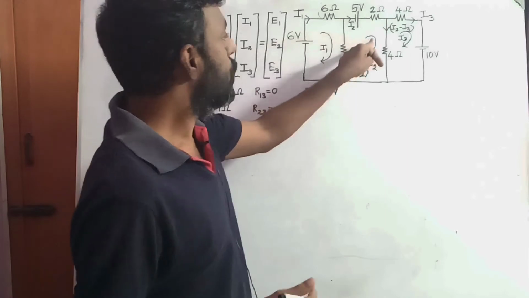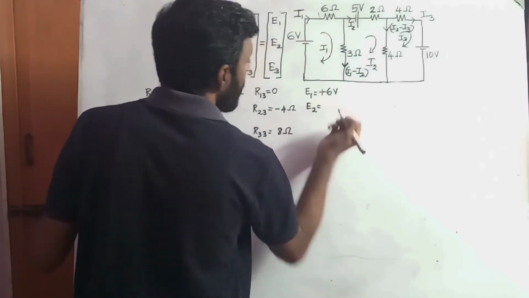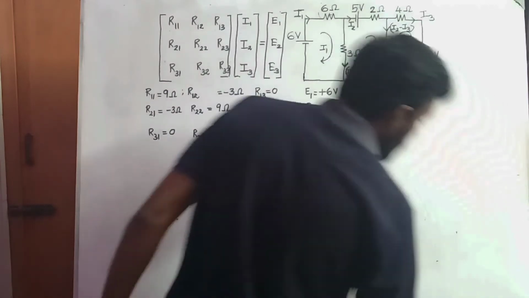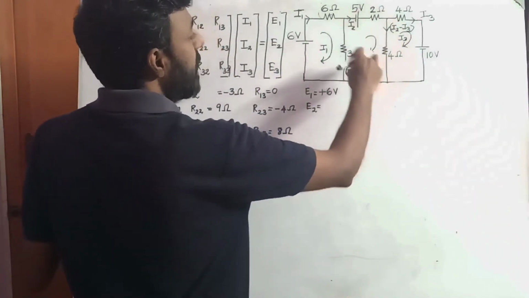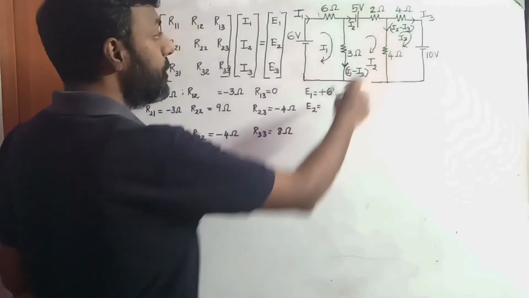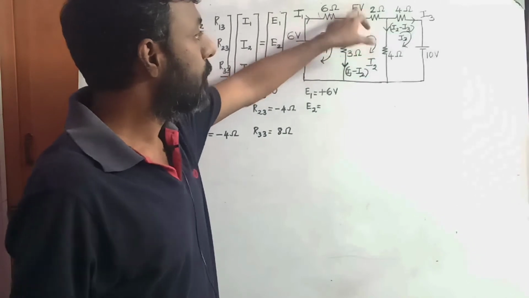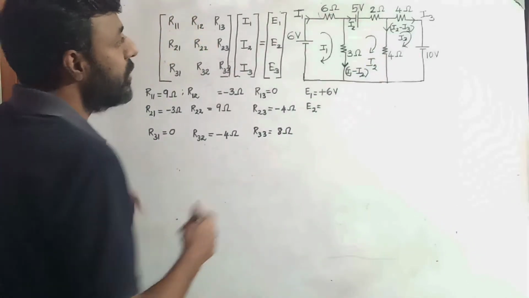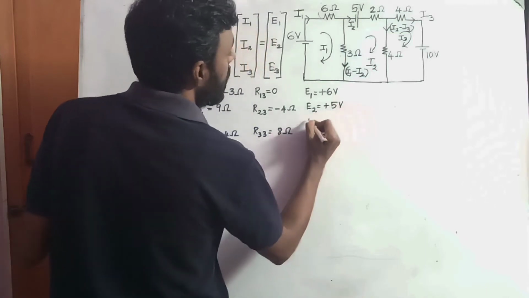Similarly, when I get into E2, my direction of travel is clockwise, and I encounter the negative terminal of the 5 volt battery first. So it will be plus 5 volts.